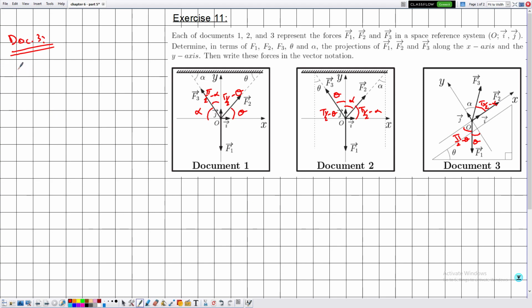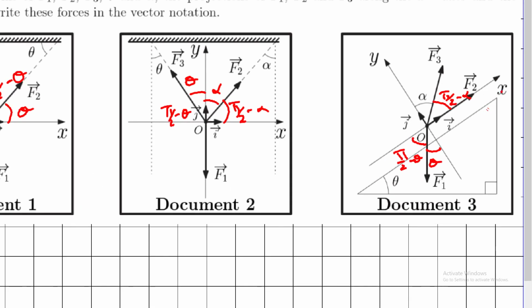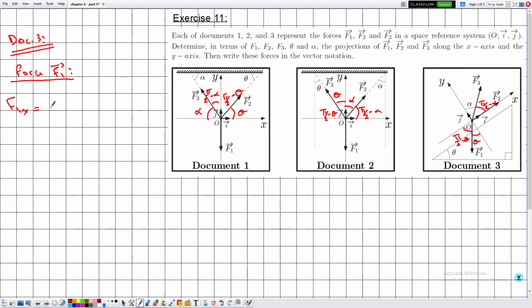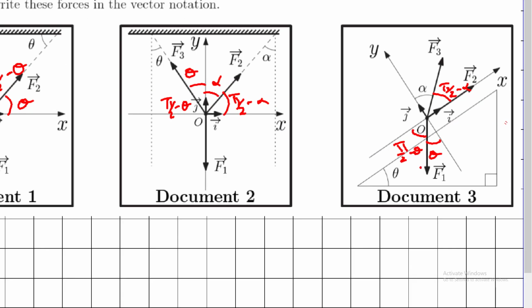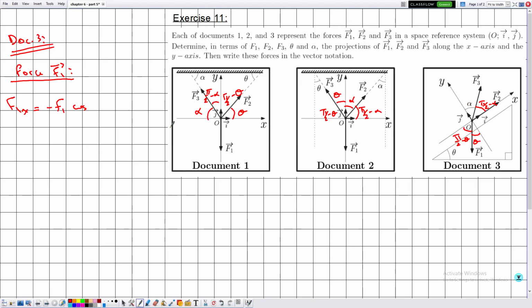Let's start with the force F1. Notice that F1 is pointing in the negative direction of the x-axis, so it's minus its magnitude times cosine of the angle between the force and the x-axis, which is pi by 2 minus theta. So this is equal to minus F1 sine theta.